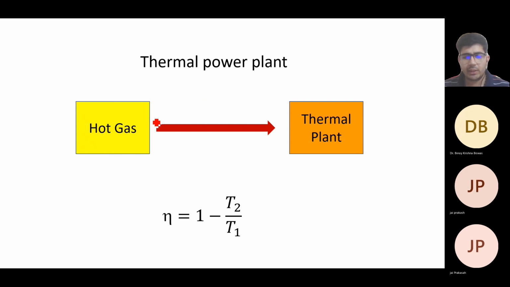This system is used in thermal power plants where hot gases are there. The efficiency for this power plant is limited by the Carnot efficiency, which is 1 minus T2 upon T1. T2 is the lower temperature and T1 is the higher temperature.